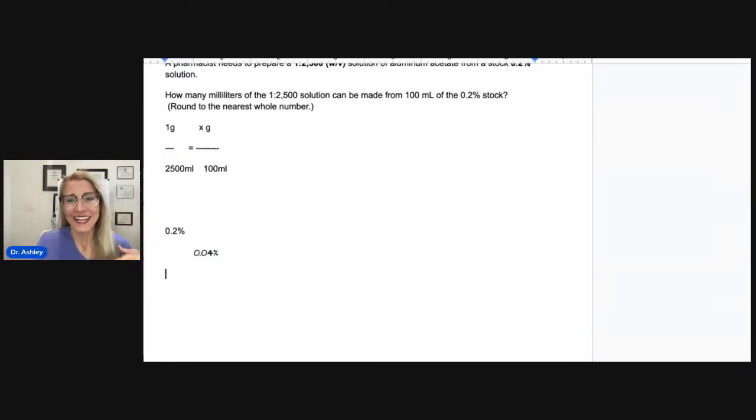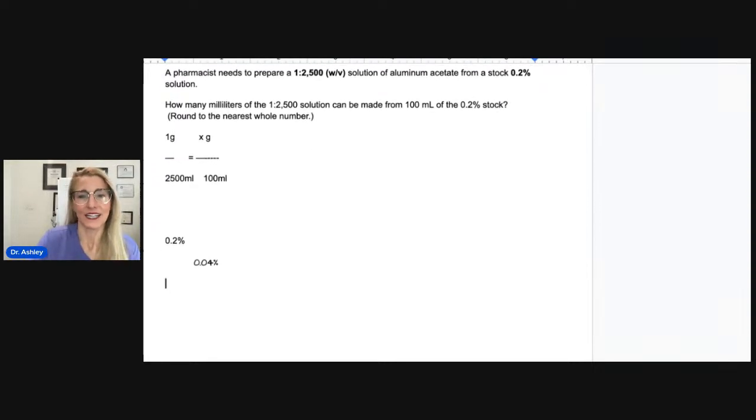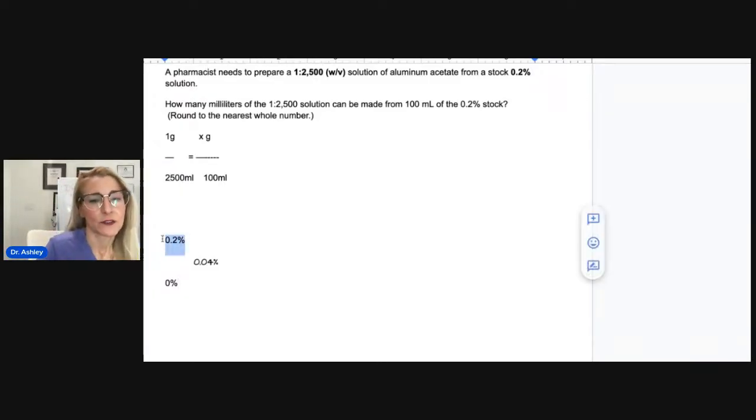So in that case, we can make up the third percent. Since it is a dilution, we can act as though we're diluting it with, let's just say, 0%. This isn't the best question for this, but it will still give us the answers we want. So we have a 0.2%, and a 0. We mix them together, and we're going to make 0.04%.